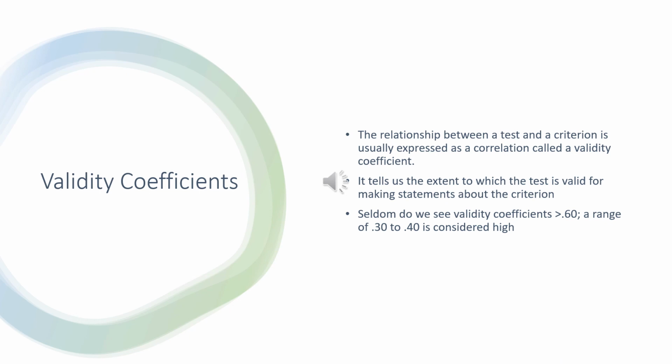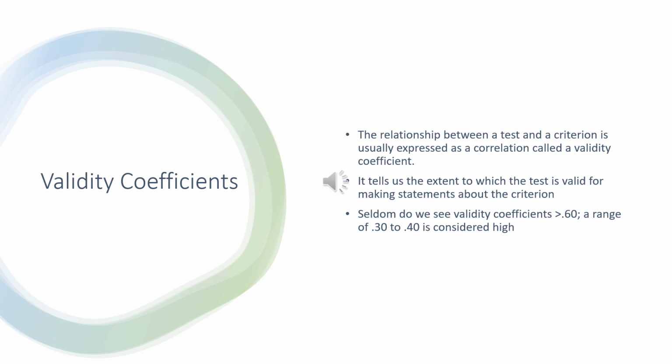Validity coefficients. The relationship between a test and a criterion is usually expressed as a correlation called a validity coefficient. This validity coefficient tells us the extent to which the test is valid for making statements about the criteria.